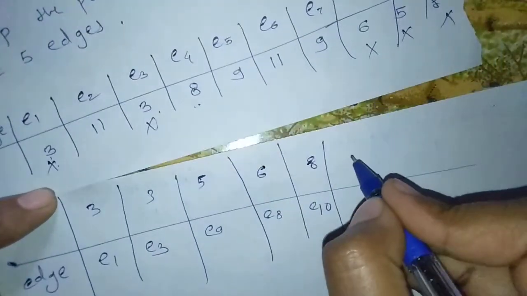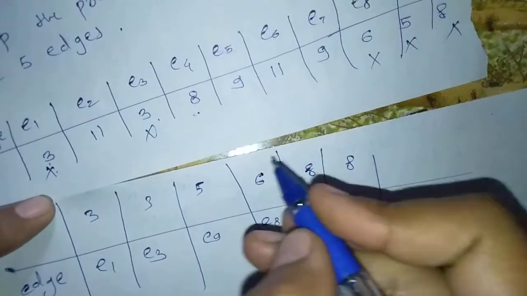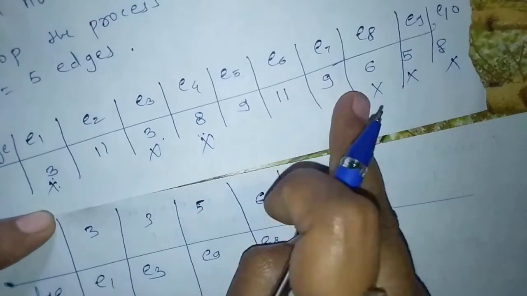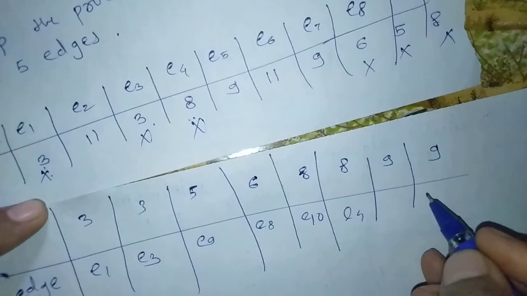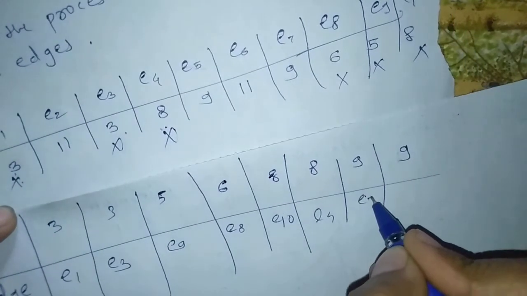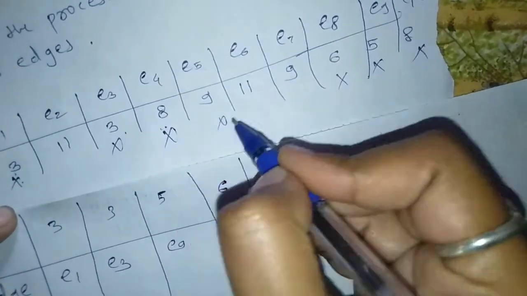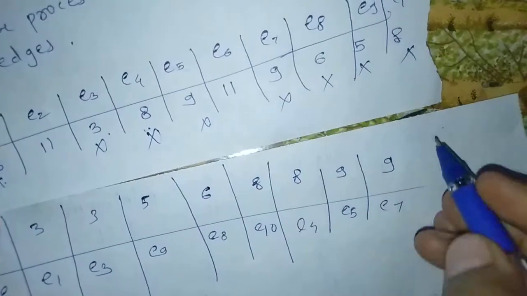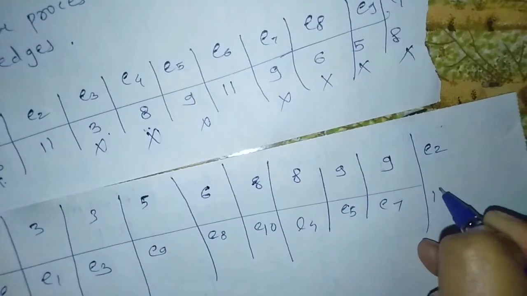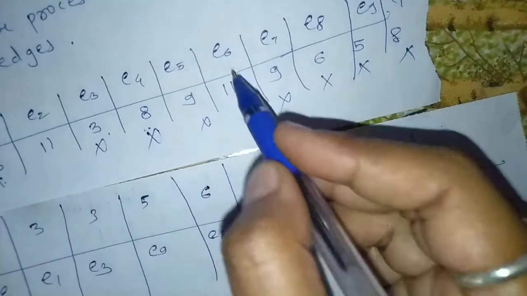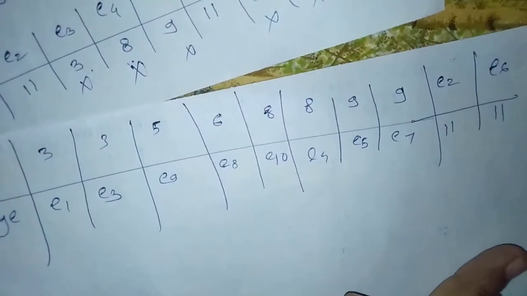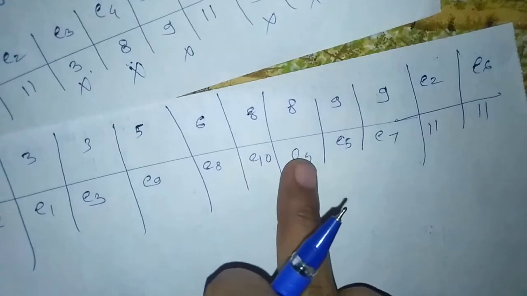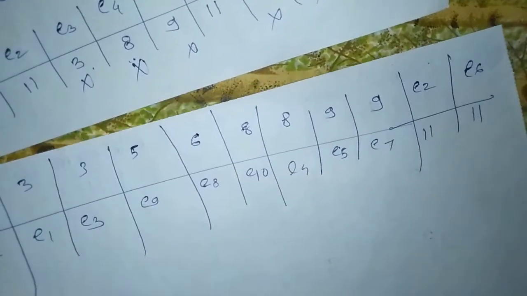Here also E4 has 8, so 8 complete. Next 9, 9, E5 and E7, E5 E7 complete. Okay, next 11, 11, E2 has 11 and E6 has 11. Check it. These are the 10 edges, 1 2 3 4 5 6 7 8 9 10.